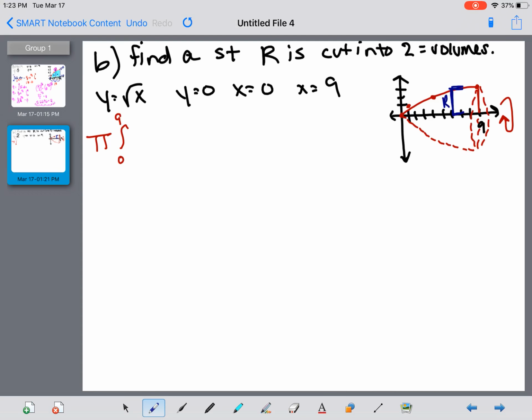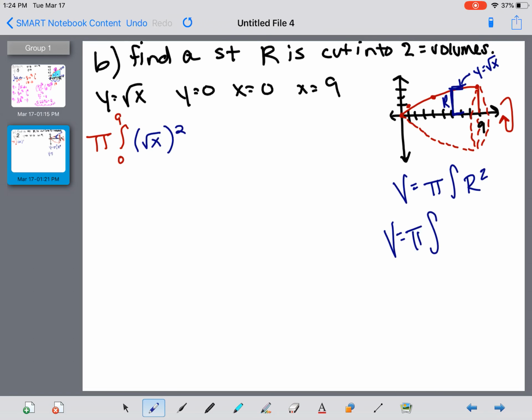That's big R, and we know that big R is given by that curve y equals the square root of x. So we're going to do the square root of x squared. Because remember, volume is equal to pi times the integral of big R squared. And for the washer method, volume is equal to pi times the integral of big radius squared minus little radius squared. Just as a little review cloud over here.